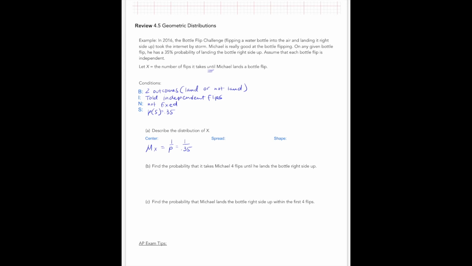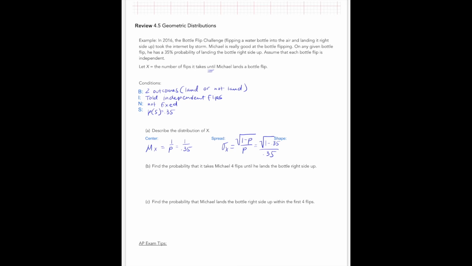In terms of our spread, the standard deviation of x is equal to the square root of (1 minus p) over p. And if I were to plug in values, technically 1 minus 0.35 over 0.35. So that's going to get you a value, which is totally easy to do.